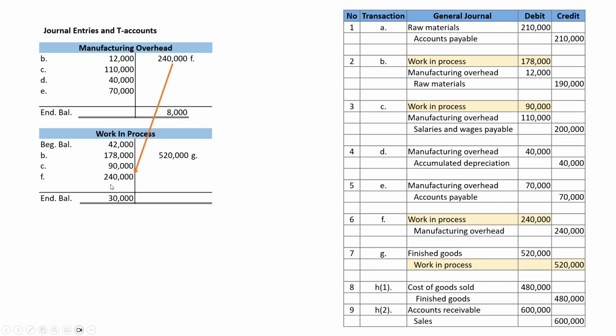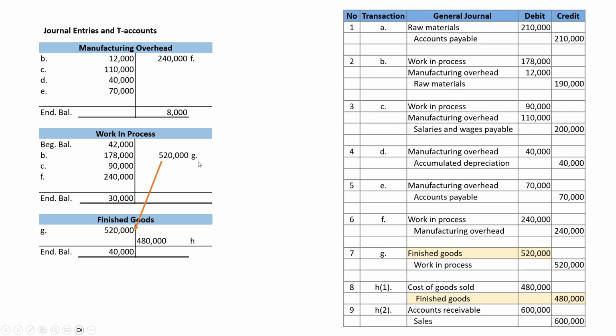One does include manufacturing overhead, but the other is the direct materials of $178,000 from our second journal entry, and also, if you work through your third journal entry, or C, it's the direct labor of $90,000. Including the beginning balance of $42,000, that's all our additions into work in process.